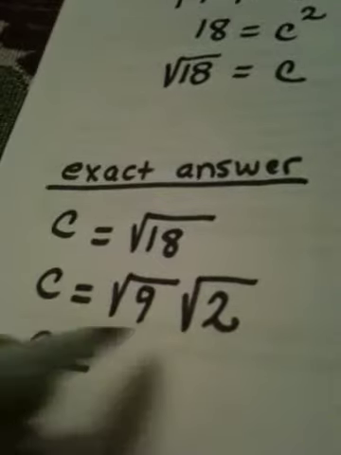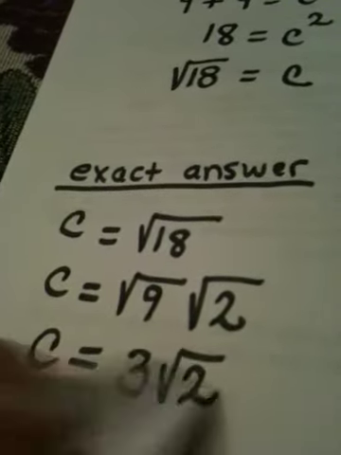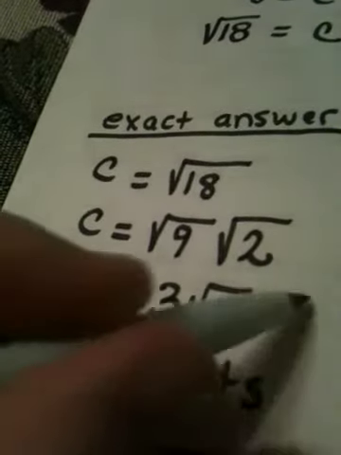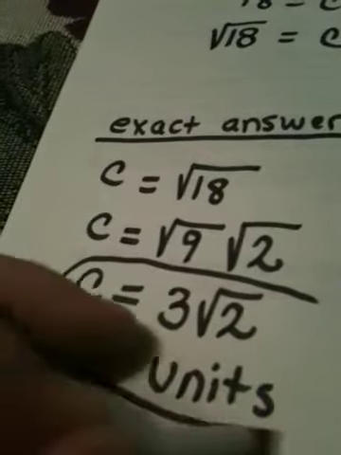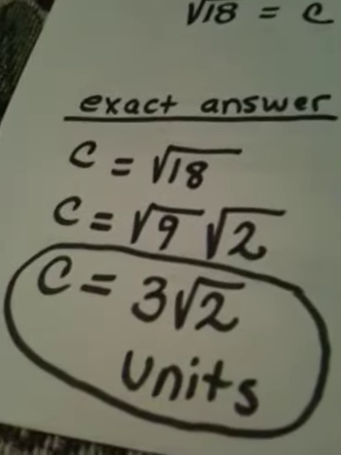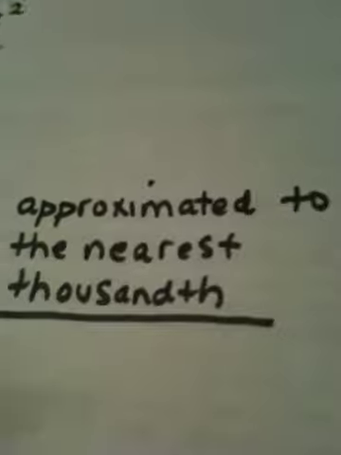So my exact answer would be 3 radical 2. And I'm just going to put units, okay? Because I don't know whether they're feet or inches or yards, but by putting units, I'm indicating that it's a particular length.